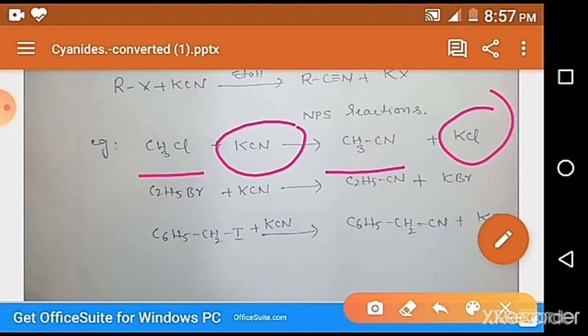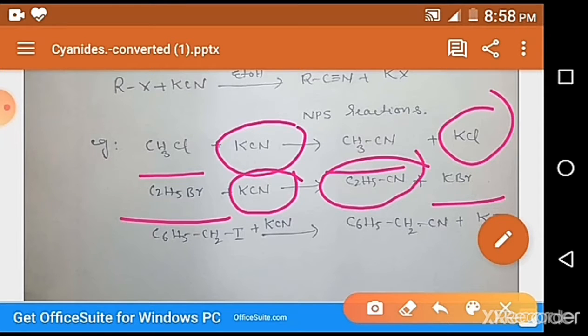In the second reaction, you see ethyl bromide, bromoethane. This bromoethane, on reaction with potassium cyanide or sodium cyanide, liberating the sodium or potassium salt, gives the corresponding cyanide, that is ethyl cyanide, cyanoethane or propionitrile. Coming to the next example, benzyl iodide.